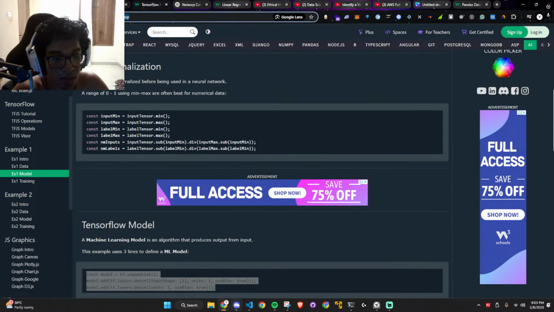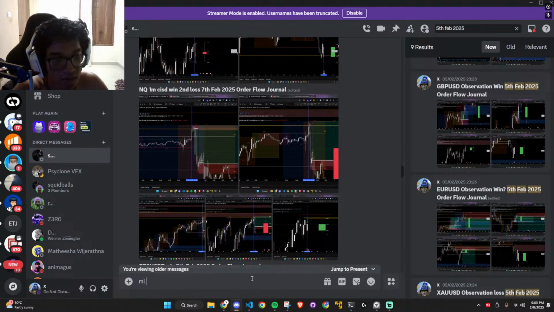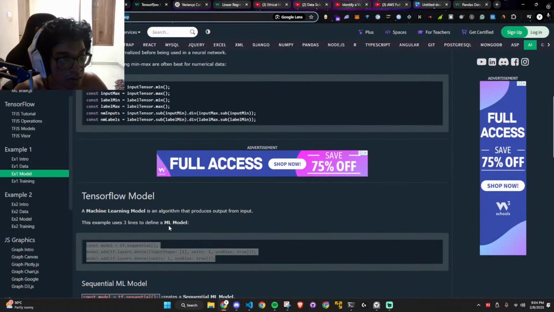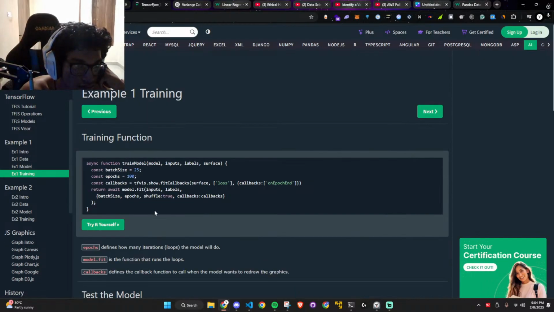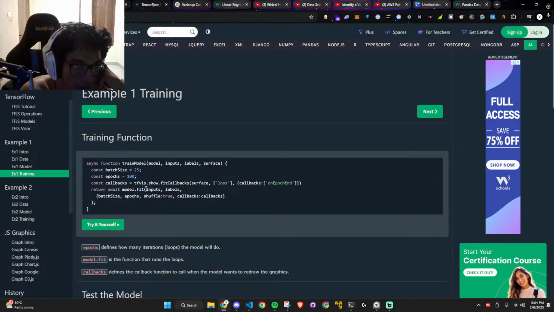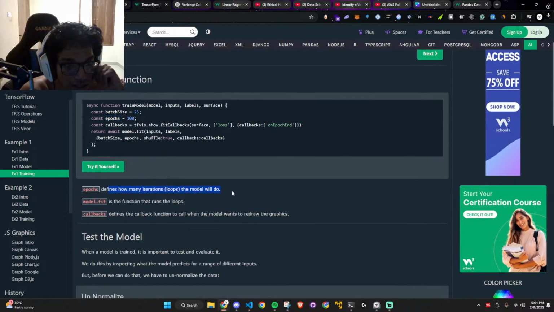Cool. So epochs are the number of iterations, right? Yeah. Runs the loop, okay. Right, yeah.